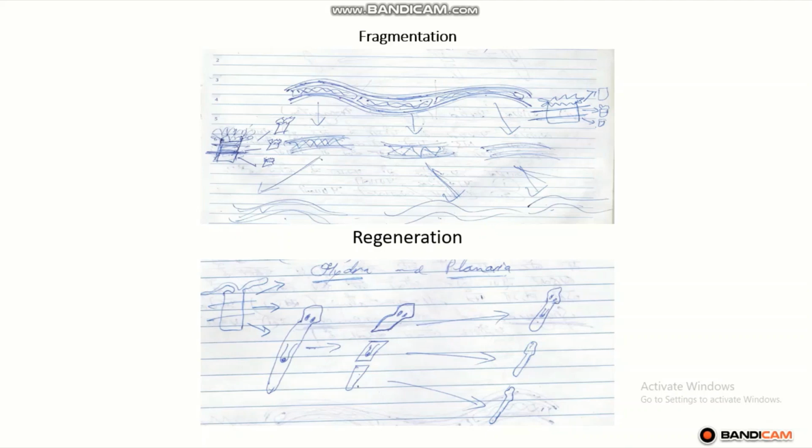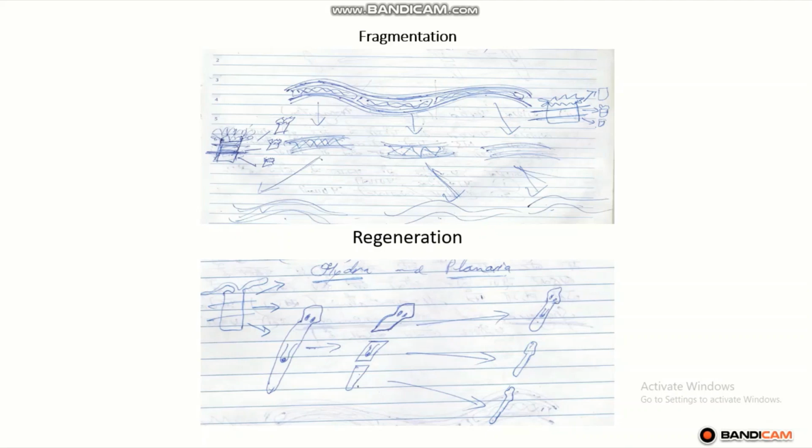And each fragmented part will never die. Each fragmented part will become a new one. So that is known as fragmentation. Spirogyra is the best example. That's why I made this one. Sea anemone is also a best example for it.